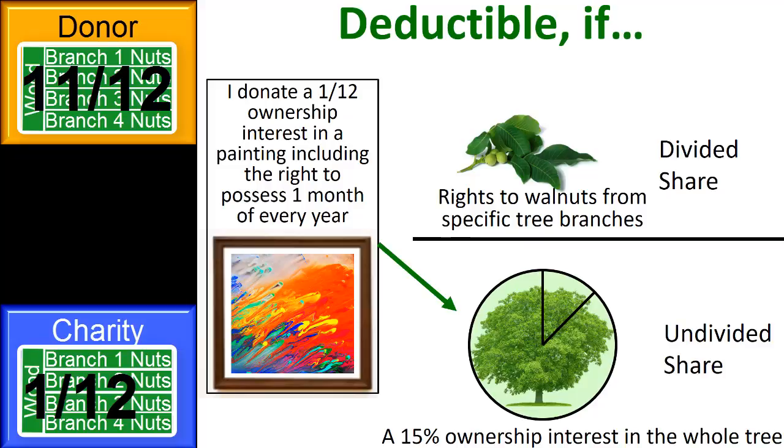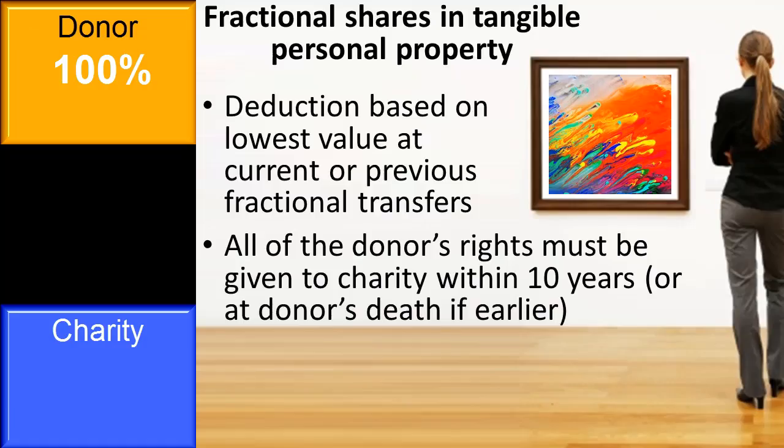This type of gift clearly meets the general rules for a deductible gift of an undivided share of property. However, there was some concern about the overuse of this type of charitable deduction, which resulted in some special rules. In order to deduct the gift of a fractional share in tangible personal property, the donor must be in the process of contributing the entire ownership of the tangible personal property to the charity.